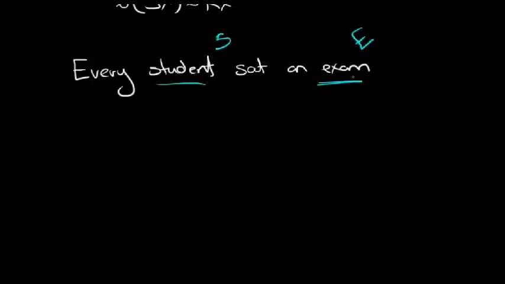So we've got E for is an exam and S for is a student. That means we've also got this coordinating predicate, sat an exam. So there's another predicate here that looks like it's two-placed. In fact, I'm going to change this slightly so that we can make use of more intuitive predicates.